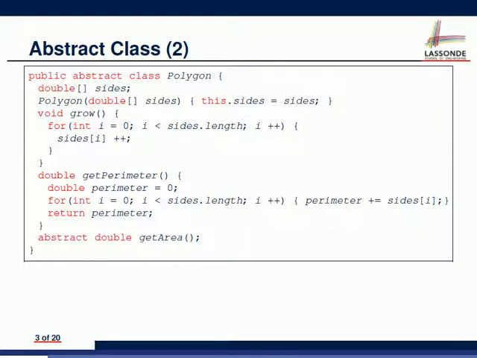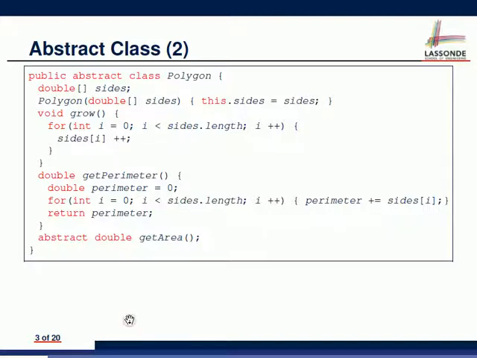So after this abstract method declaration here, we can call that. Now, which version is it going to call at runtime? We delegate that to the dynamic binding mechanism. It depends on what the dynamic type is. Remember, the abstract class itself cannot be the dynamic type. Only the concrete descendants can be. In this case, it can be either rectangle or triangle. It's going to call the corresponding version.